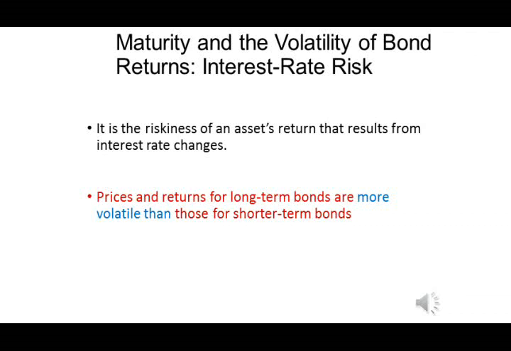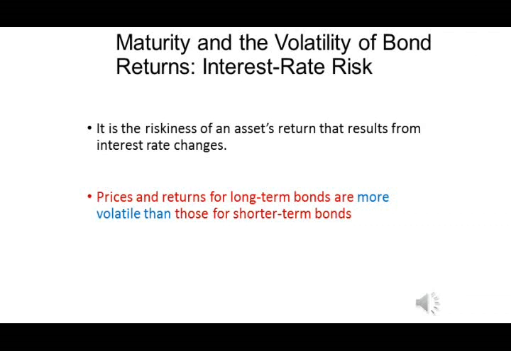As we have learned, the prices and returns for long-term bonds are more volatile than those for shorter-term bonds. From the schedule before, you can see that the highest rate of capital loss is associated with the longer term to maturity, for 20 years bond and 30 years bond, and vice versa.